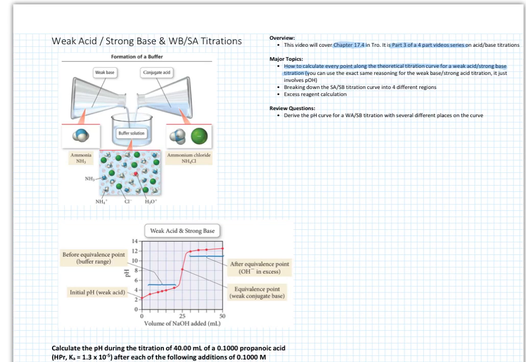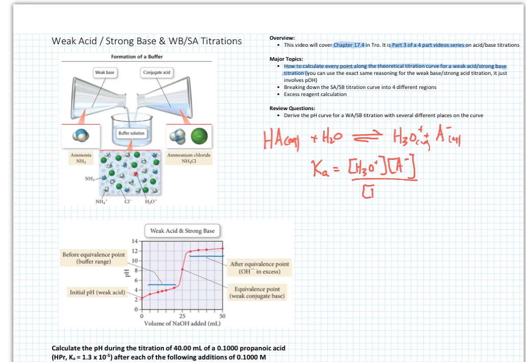So remember, let's say we have a typical buffer reaction, HA, the weak acid, plus water yields H3O plus plus A minus, and these should all be aqueous. Okay, and remember we can use the equilibrium expression Ka to tell us the strength of an acid is equal to the H3O plus concentration times the conjugate base concentration divided by the weak acid concentration.